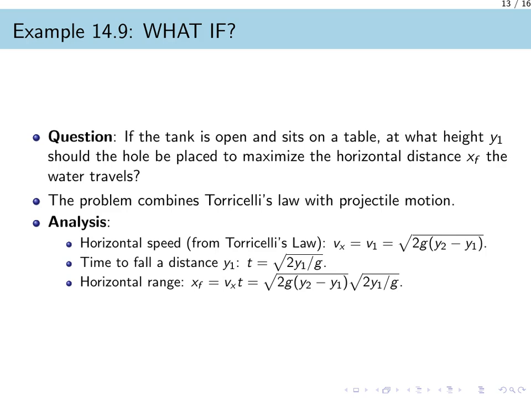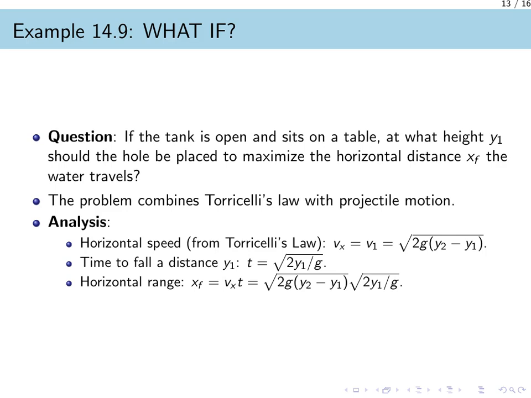Once a parcel of water leaves the hole, its path is determined by 2 factors: its initial speed and its time in the air. First, its initial horizontal speed comes from Torricelli's law. This speed depends on the depth of the hole, which is the water surface height, y2, minus the hole height, y1.